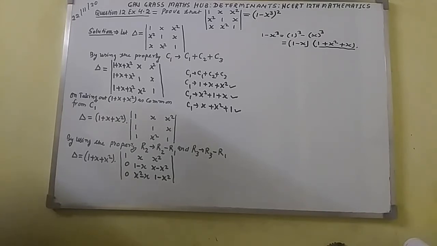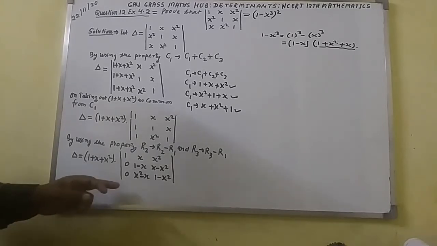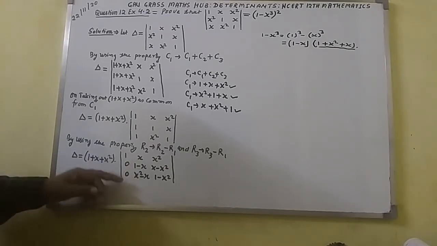Now you can easily expand this determinant along the first column, because the first column has the maximum number of zeros, that is 2.